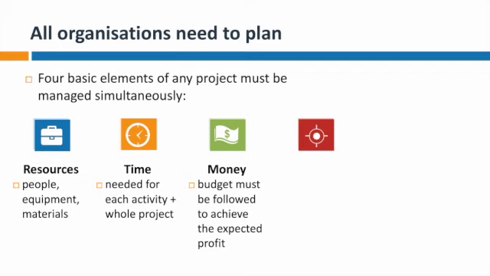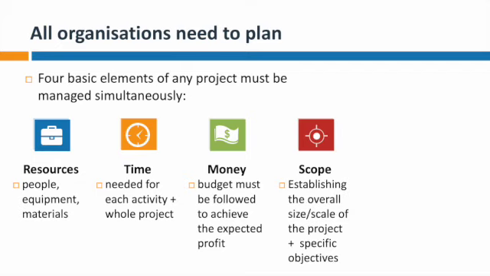And then the last element is scope. We need to establish the overall size of the project. We need to know how big we want the project to be. And depending on the scope, we set specific objectives.